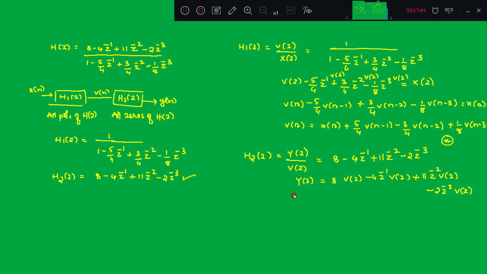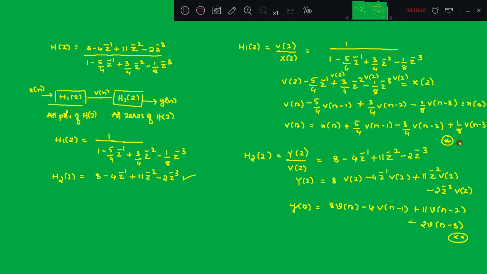So let's take inverse z transform, so that you will get y(n) is equal to 8 v(n) minus 4 v(n minus 1) plus 11 v(n minus 2) minus 2 v(n minus 3). So this is another important equation.